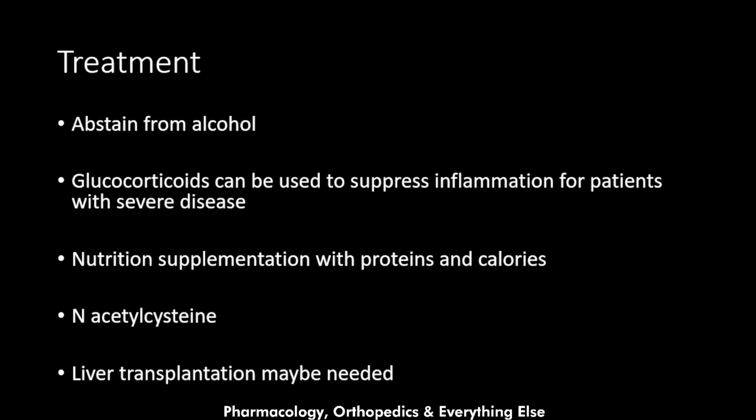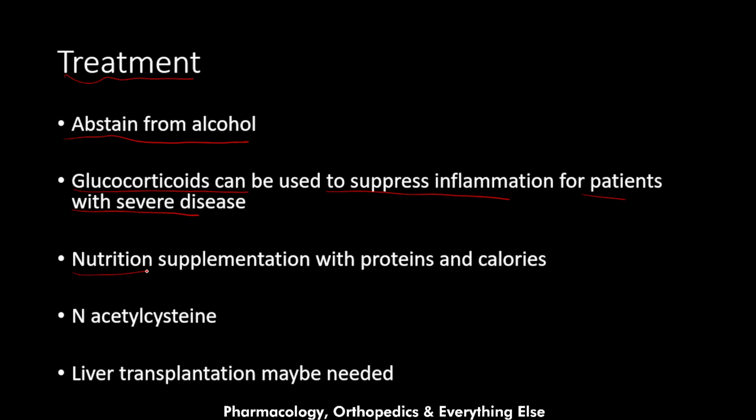Finally, let's talk about the treatment of alcoholic hepatitis. The number one thing is abstaining from alcohol, and glucocorticoids can be used to suppress inflammation for patients with severe disease.